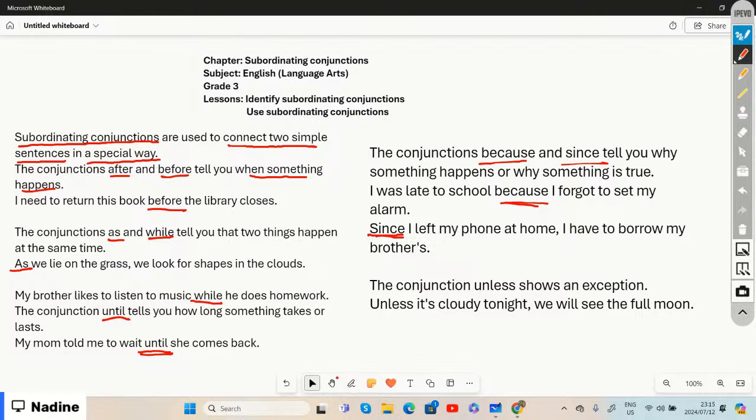And if we look at the conjunction unless, it shows an exception. It says, unless it's cloudy tonight, we will see the full moon.